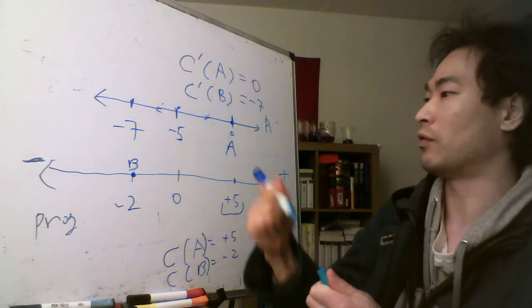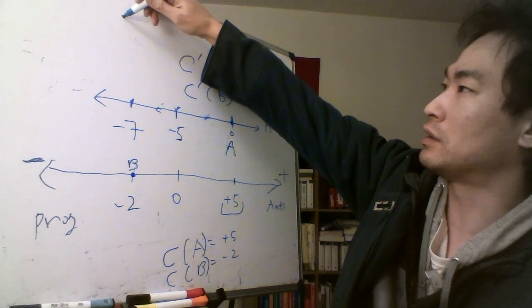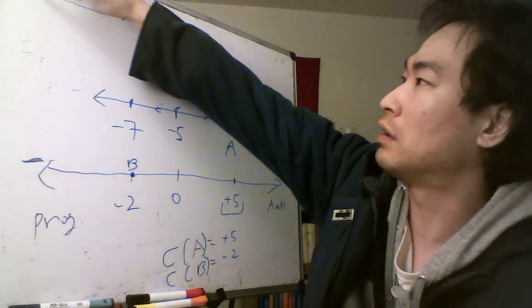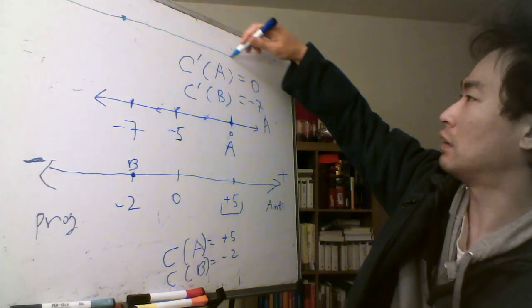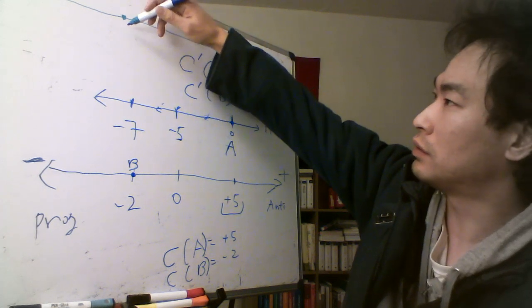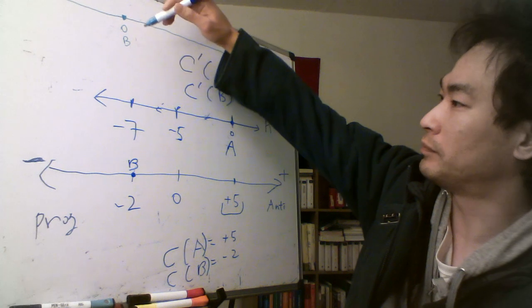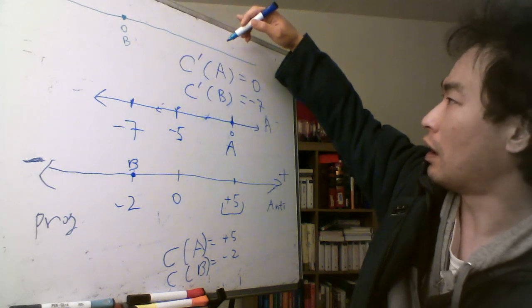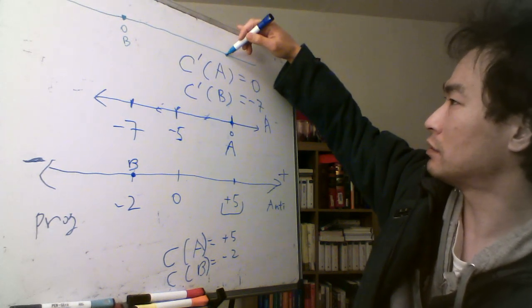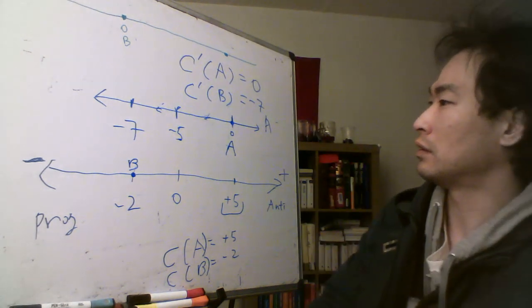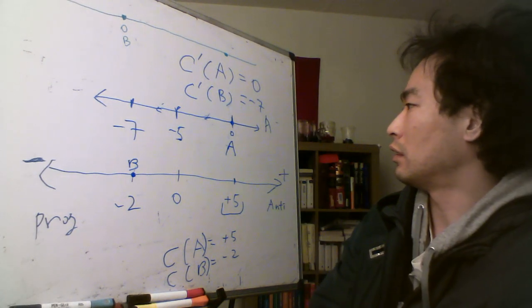And now, what is B's frame of reference? B's world is like this. Here's 0, that's where B is, right? And what is A?